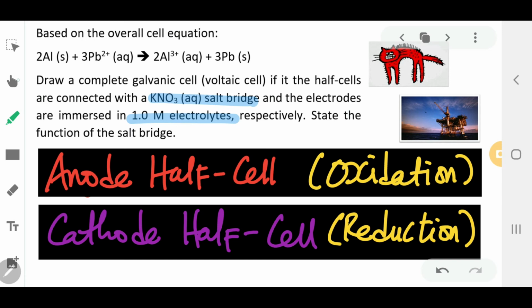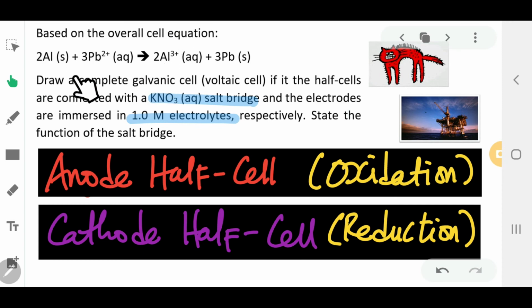Before you do this, you need to identify who will be at the anode's half cell, which will be undergoing oxidation, and who will be at the cathode half cell, which will be the reduction process. So you look at your overall cell reaction. When you look at the aluminium over here, what happens to the aluminium on the other side? It will become 3+. So this aluminium, in the beginning in solid phase, will be turning into aqueous because it loses electrons.